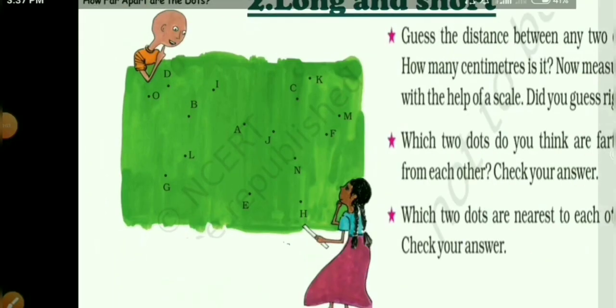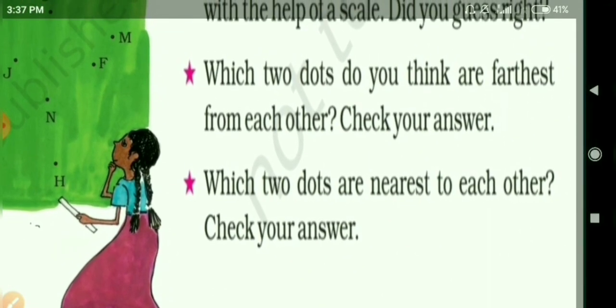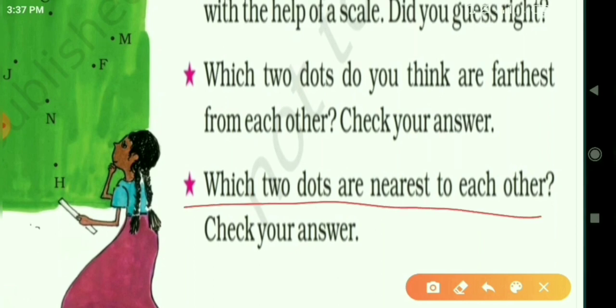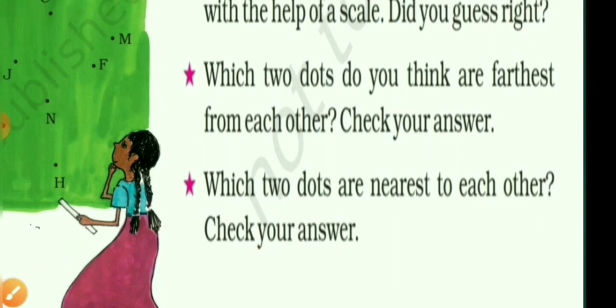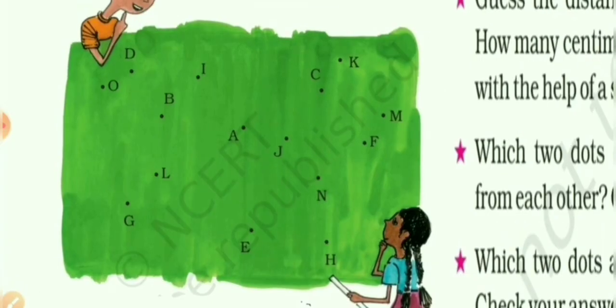Our third question is, which two dots are nearest to each other? Check your answer. Here you have to guess the nearest distance. Look at this picture. Which two dots are near each other?